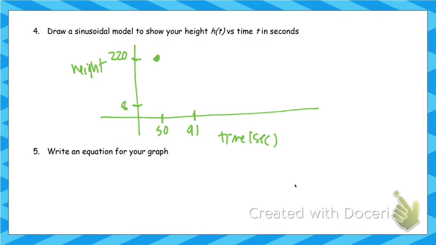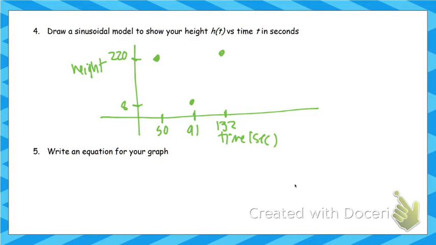So at 91, we were back at the bottom. After another 41 seconds, we're back at the top. And that's going to continue that same pattern over and over and over again. If you think about it, the distance from the top here, 132 minus 50, that's a distance of 82, which is what it told us, 82 seconds.